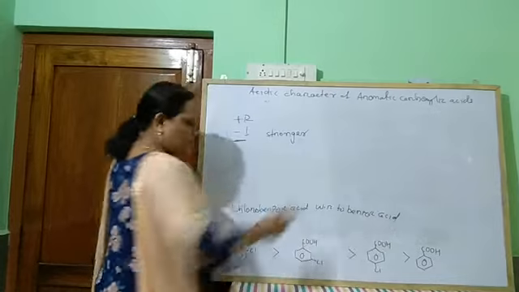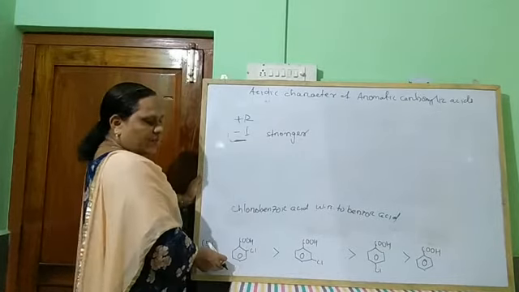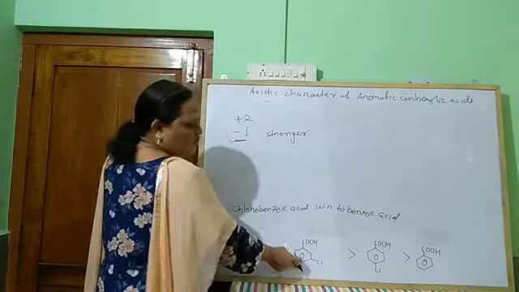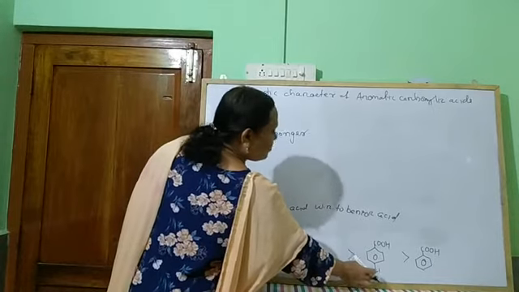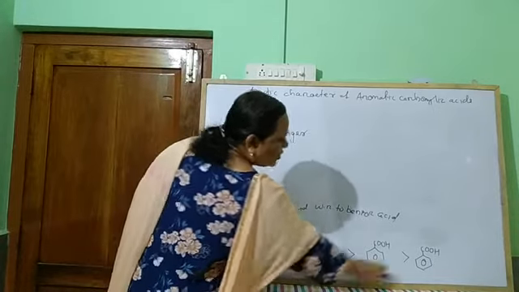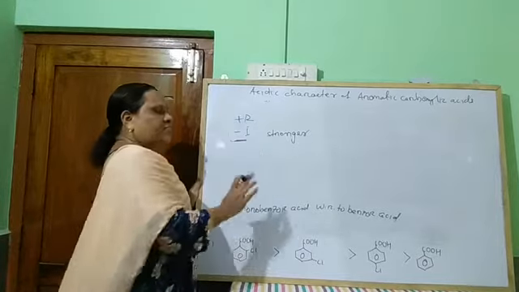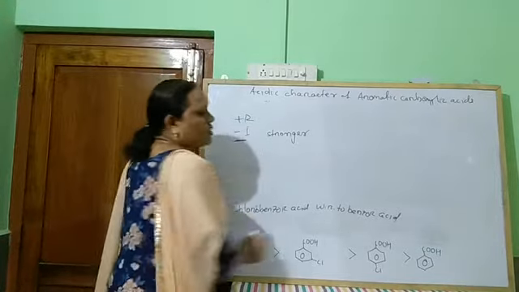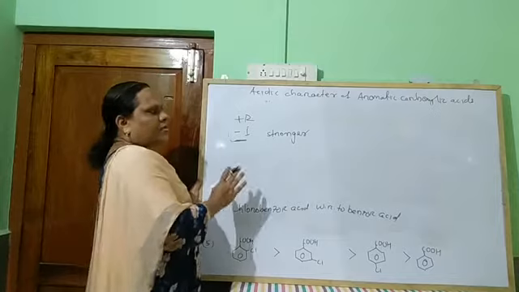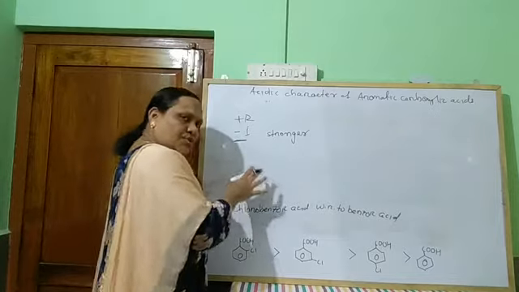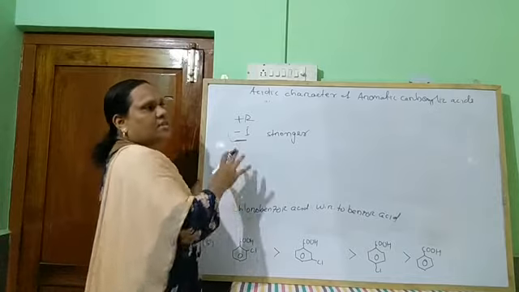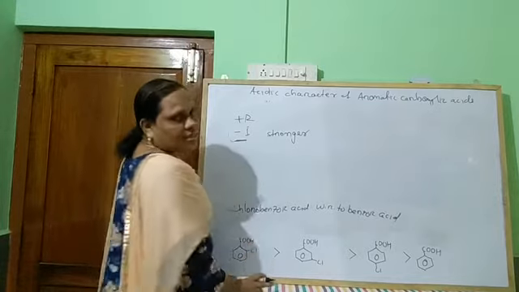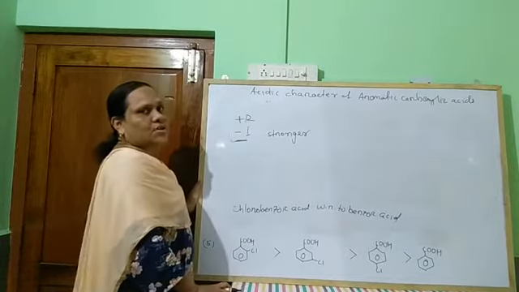is in this order. So this is ortho effect, this is the stronger minus I effect, this is minus I and plus R effect, combination of both, and this is the simple benzoic acid. This is the acidic strength order. So this is all about the comparison of acidic strength of some substituted benzoic acids with respect to benzoic acid.